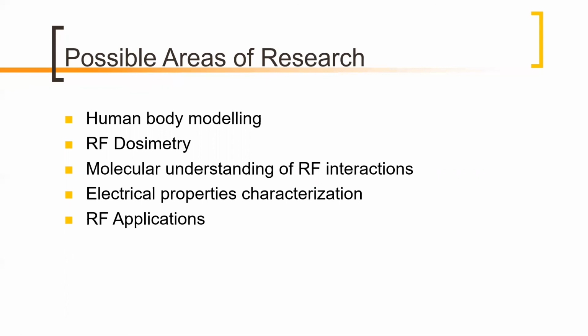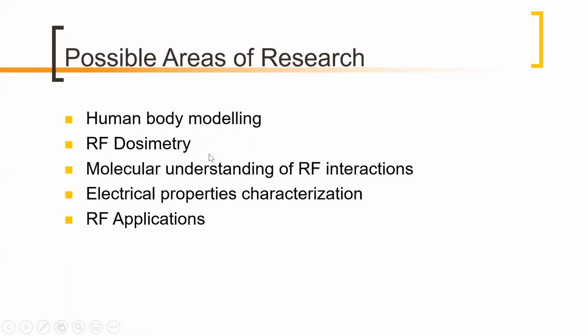For instance, we can make a simple model that allows us to calculate the whole body SAR value, or we can also define a mechanism by which we can evaluate the local SAR that is deposited, because the whole body SAR may not tell us how it affects other critical structures. Also, a hot and important area of research is carrying out RF dosimetry itself, which is the essence of doing the human body modeling.